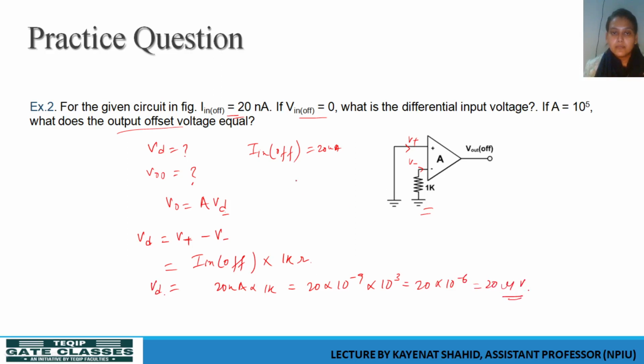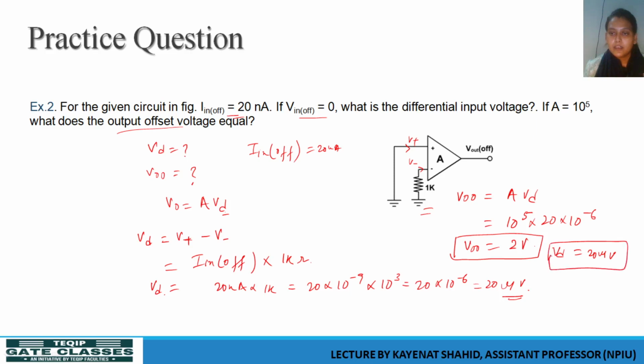And the offset output voltage VO is nothing but A times VD, and A is given as 10 to the power 5. VD has come as 20 into 10 to the power minus 6, so it will be nothing but 2 volt. The output offset voltage is 2 volt, and VD is 20 microvolt.